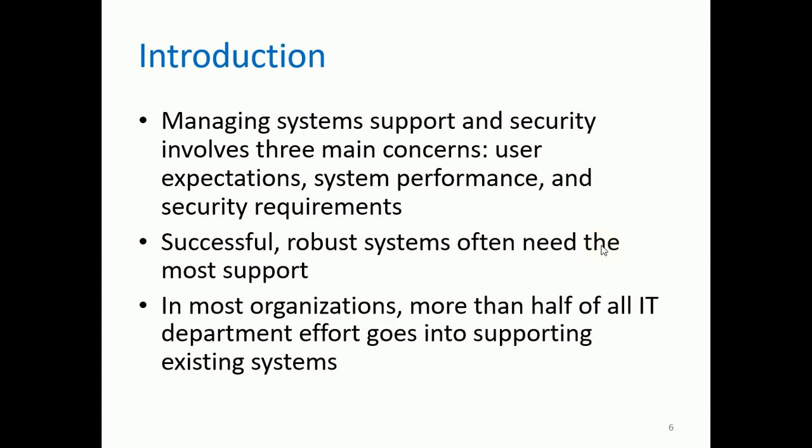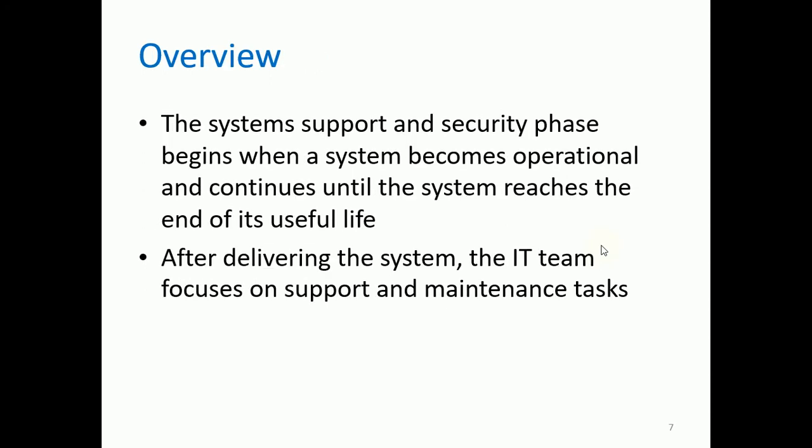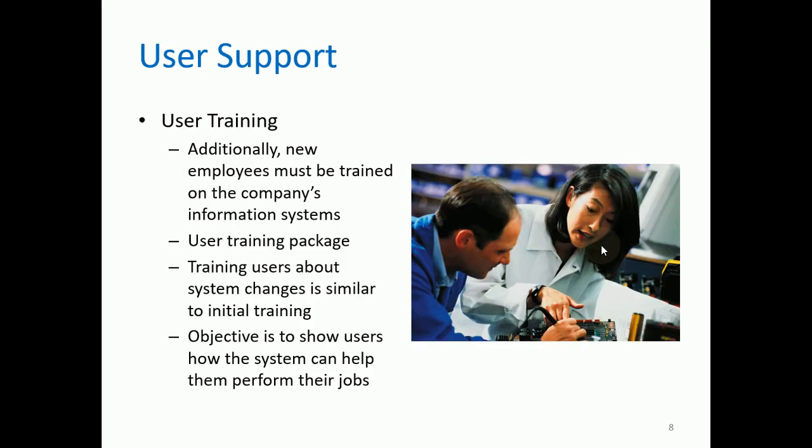In most organizations, more than half of all IT department effort goes into supporting existing systems. For the overview, the system support and security phase begins when a system becomes operational and continues until the system reaches the end of its useful life. After delivering the system, the IT team focuses on support and maintenance tasks.